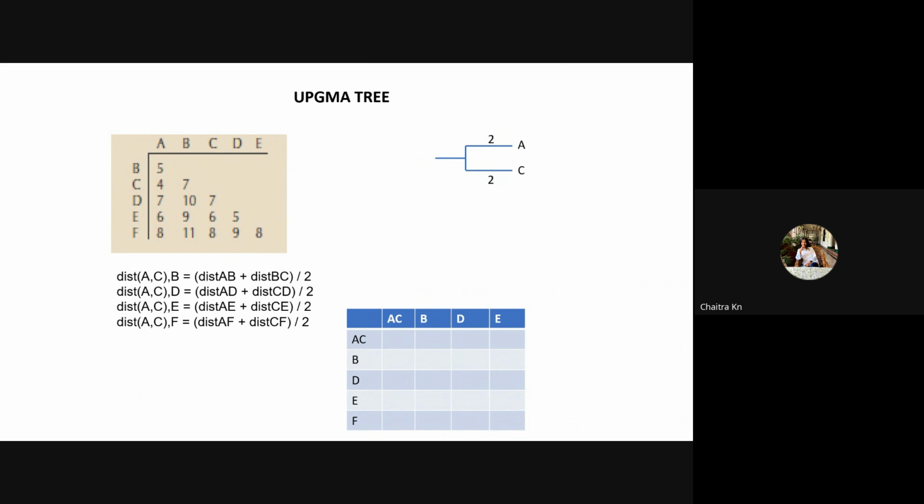Yes, ma'am. I'm done. So can you just tell me the values? What will it be? For AC to B, it's 6. Can you just check once? Is your value similar to this particular table? Yes, ma'am. All the values? Yes, ma'am. Okay.